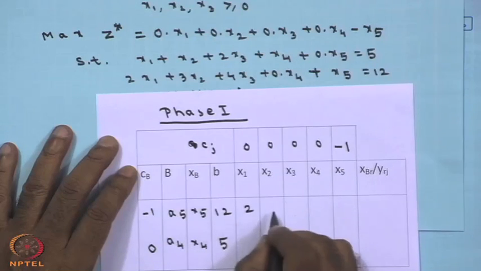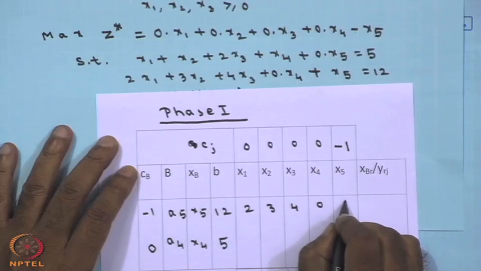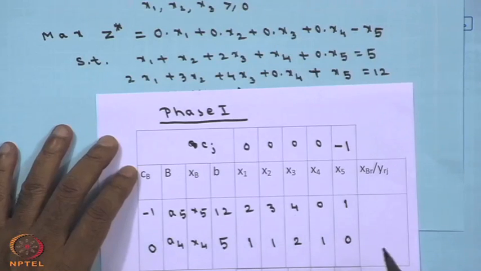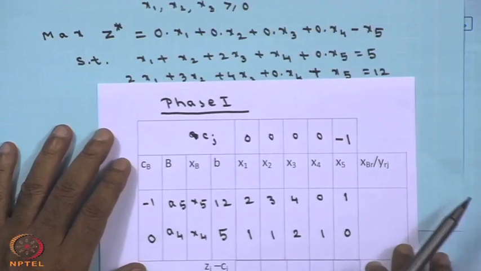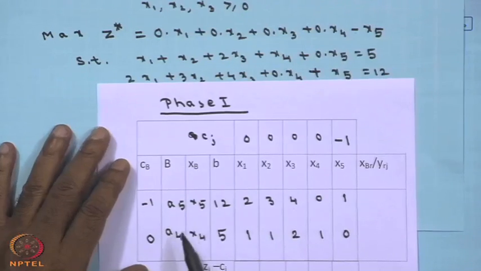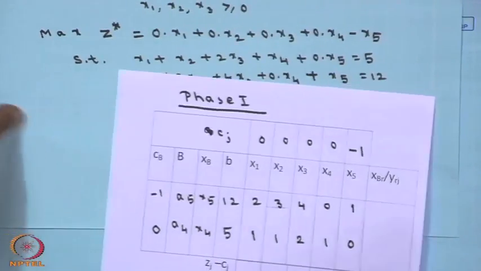So, the matrix we are writing is 2, 3, 4, 0, 1 and the next one is 1, 1, 2, 1, 0. If you see, purposefully I have written A5 first and A4 then, which means the order does not matter here. In the earlier cases we were writing first A4, A5, that is in order, but you can enter the variables into the basis in any order, which will not affect anything. The only thing is that you have to write the corresponding row properly.